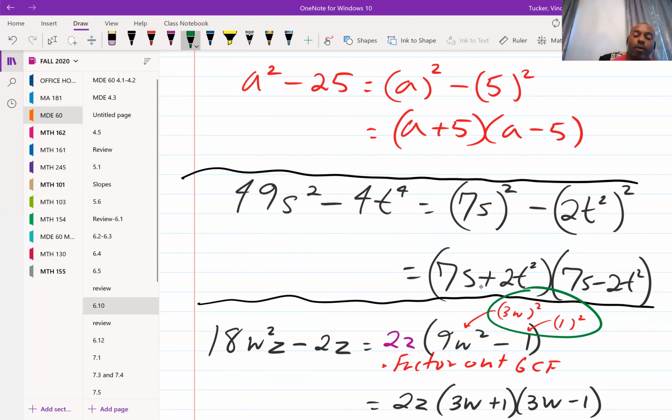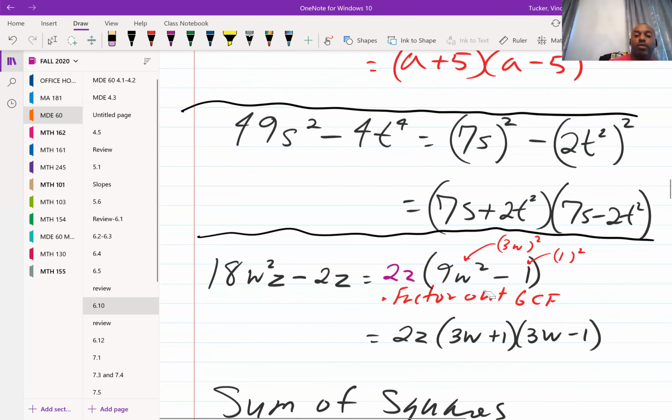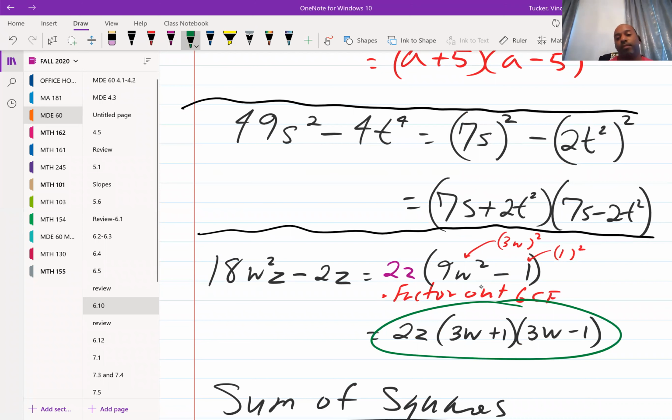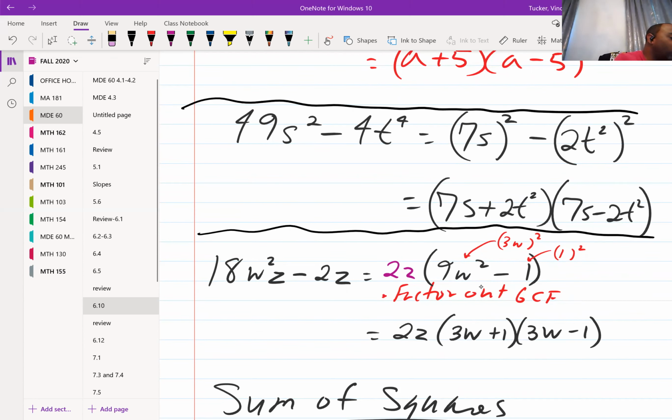And since they are perfect squares, and we have the difference of those perfect squares, you can break it up like this. All right. Questions before we go to another example?